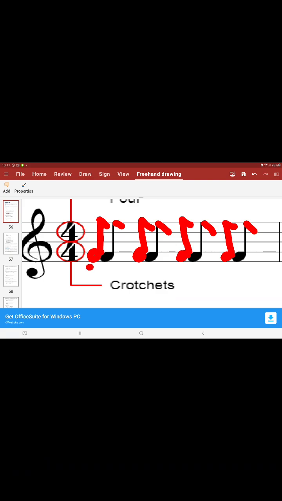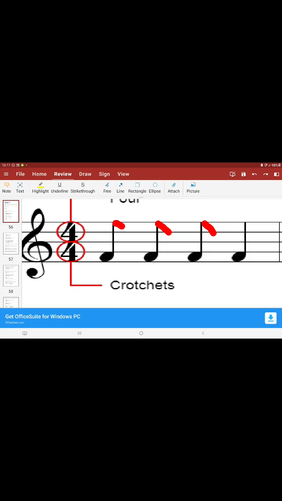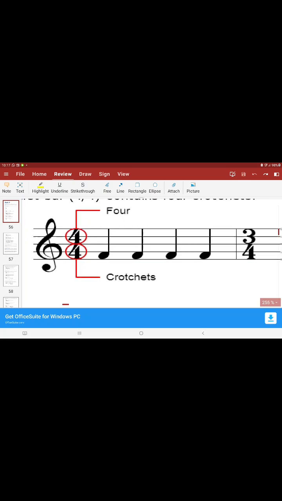Because the 2 of these is a crochet. Those 2 quavers, sum them up, is a crochet. Those quavers, sum them up, is a crochet. I hope that is clear. So this is an example of 4/4. We'll be seeing the application as we move on.